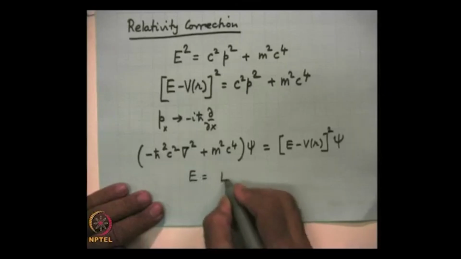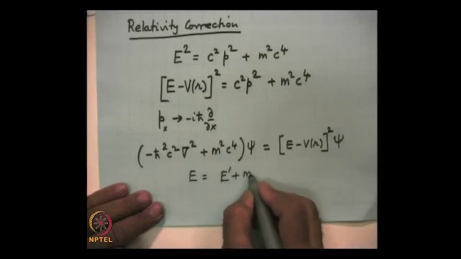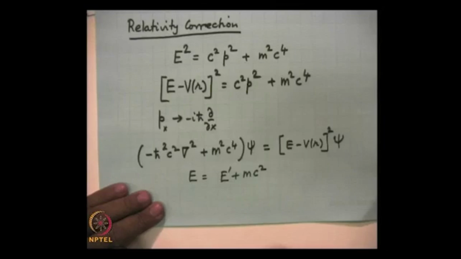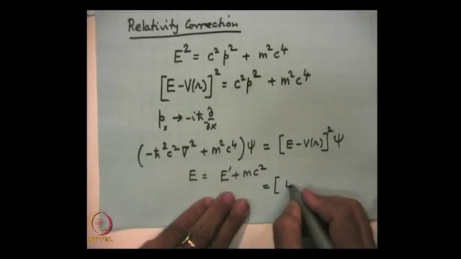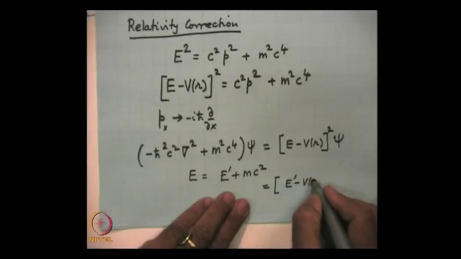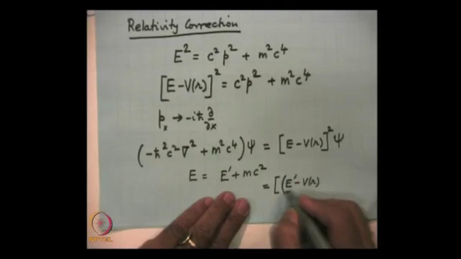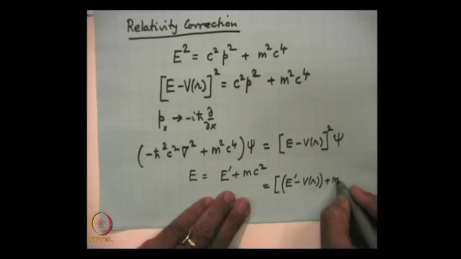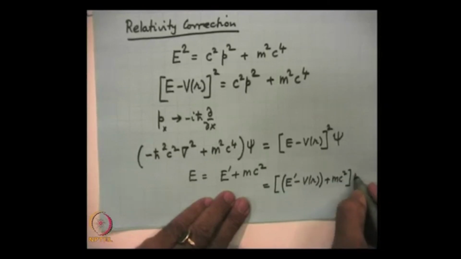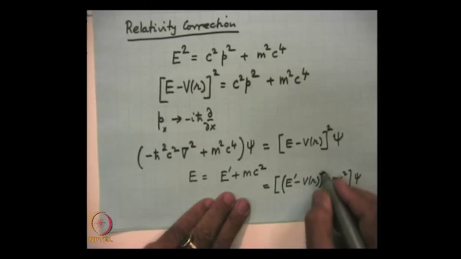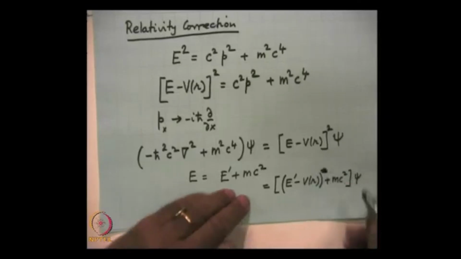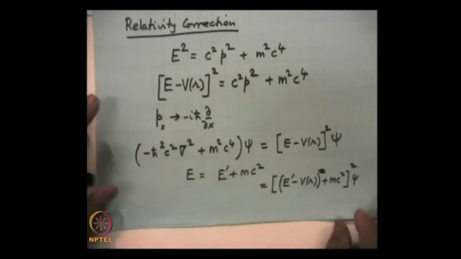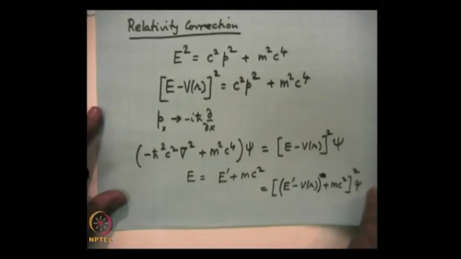I write E as equal to E prime plus mc square. So my right hand side becomes E prime minus V of r, I put that within brackets, plus mc square, psi. So I square this and obtain the following expression.